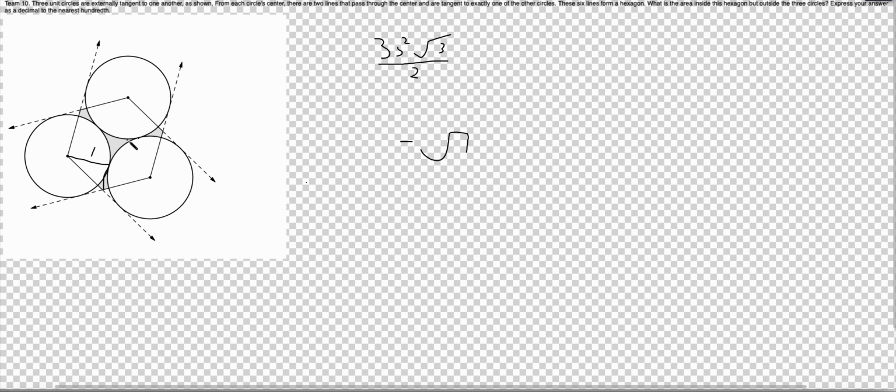Using the properties of a 30, 60, 90 degree triangle, this length would be the square root of 4/3. So s squared would be 4/3. When you multiply this out, this would be 2 root 3.